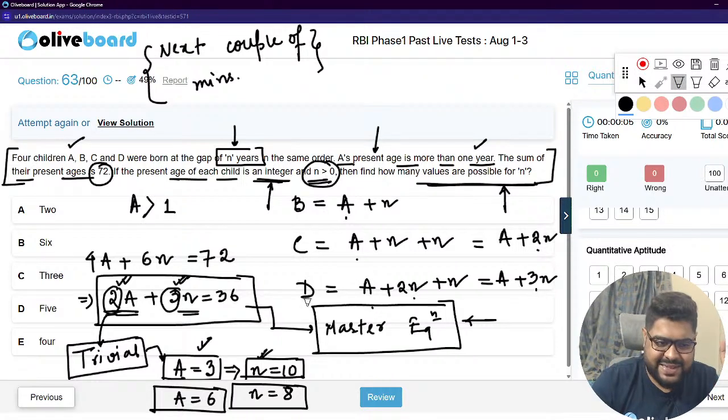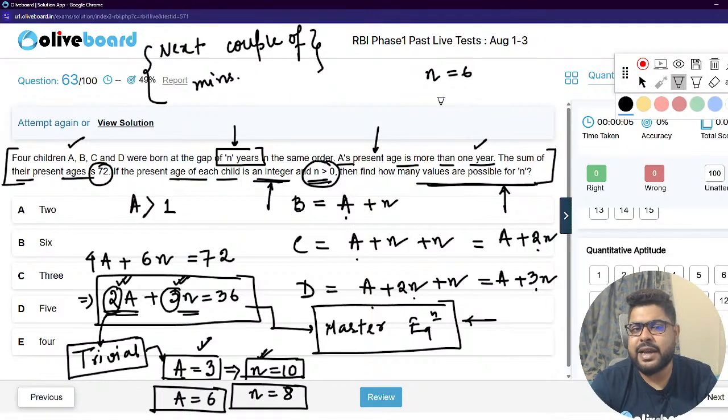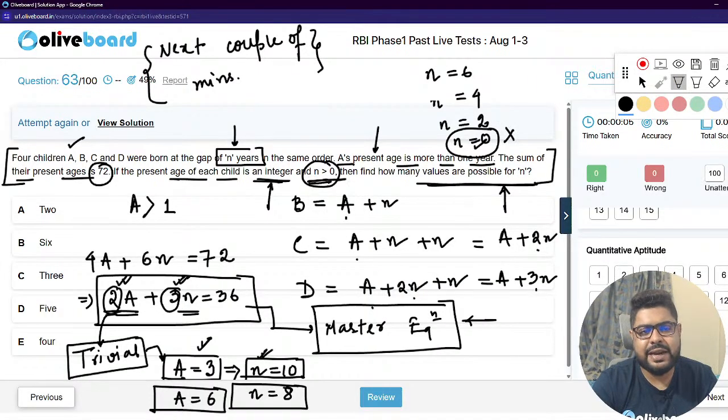Okay. So next line. And you see, I don't even need to calculate A's. I can just go with this. N next will be 6, because it will be reducing at a rate of 2. Then sir, it will be 4. Then sir, it will be 2. Then sir, it will be 0. 0 we cannot take because n is greater than 0.